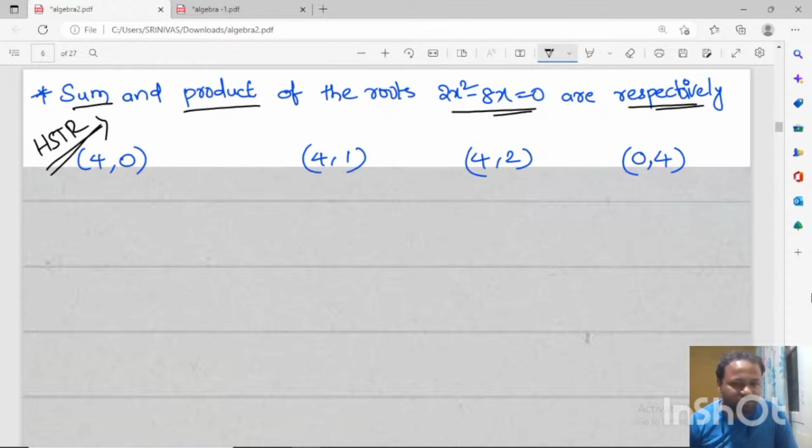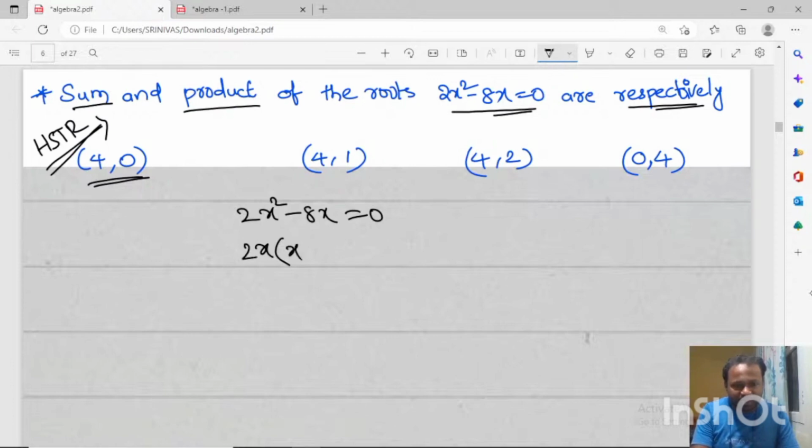Yes, the answer came from Usharani: 4 comma 0. Sum of the roots. So 2x square minus 8x is equal to 0. So here, sum and product of the roots. For this, what should I write? From this, x is common, or 2x is common.